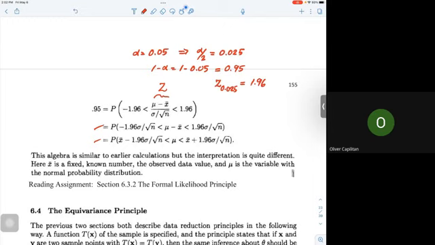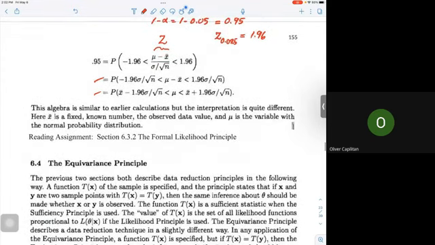It has this distribution, or nalaman natin yung distribution ng ating parameter mu. Okay, so that's one of the applications of the likelihood function as a data reduction technique. So reading assignment, you read section 6.3.2. We have the formal likelihood principle. Okay, this is a reading assignment.